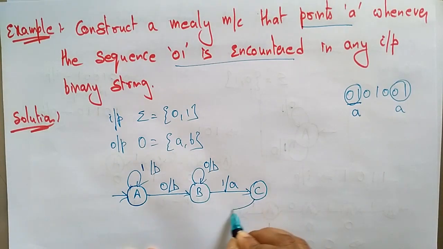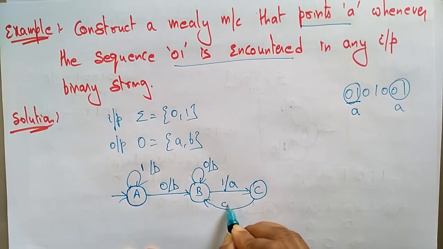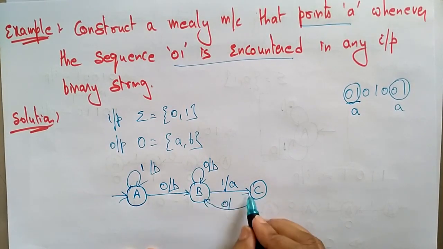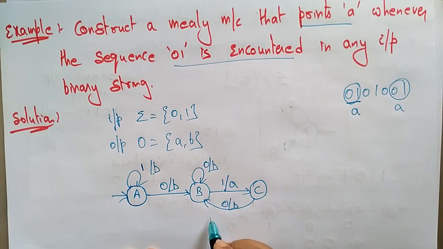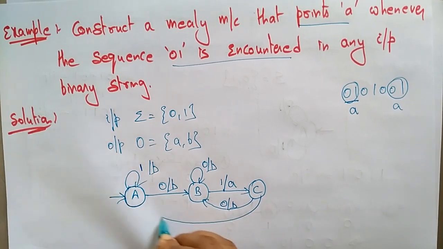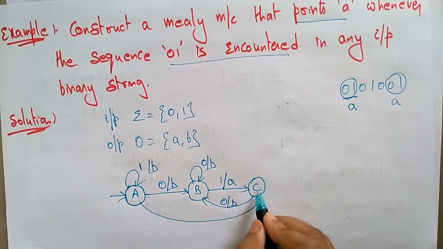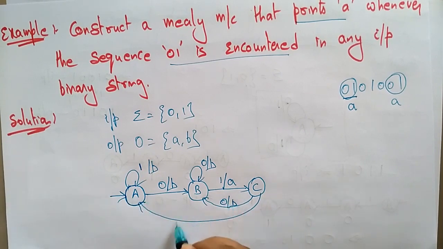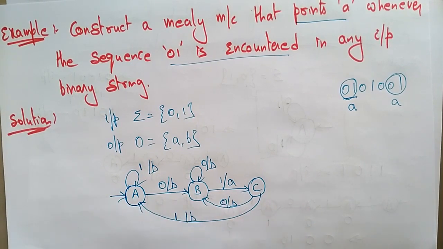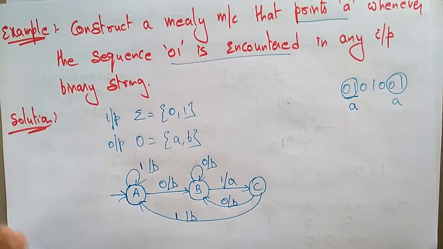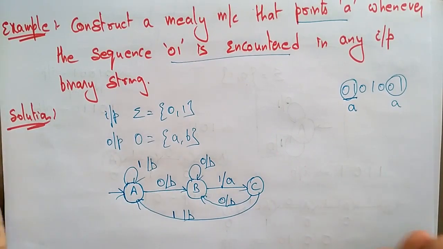Here 1 is coming, and C goes to 0. On input 0, 1, it should be B. Already C is going; on 1, it is B. So this is the Mealy machine.